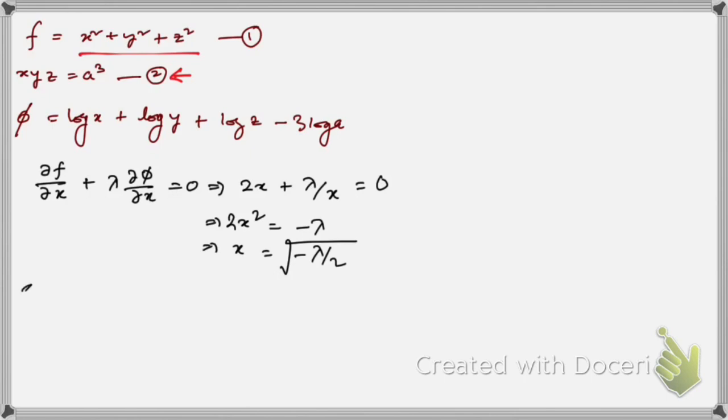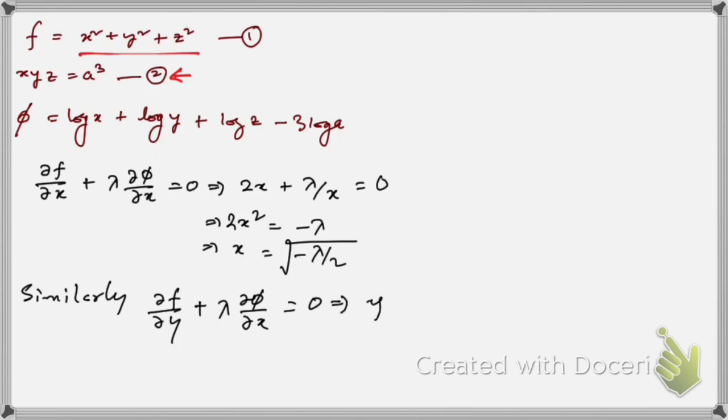Similarly, if you find del f by del y plus lambda del phi by del y equal to 0, then it implies that y square is equal to minus lambda by 2.